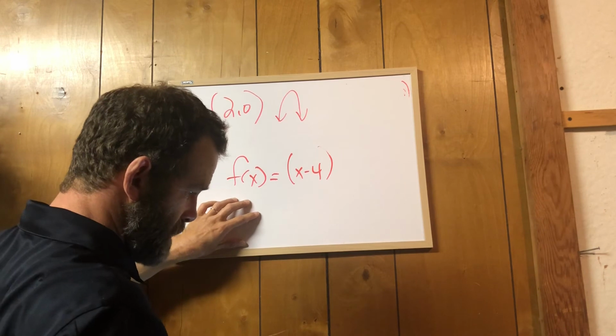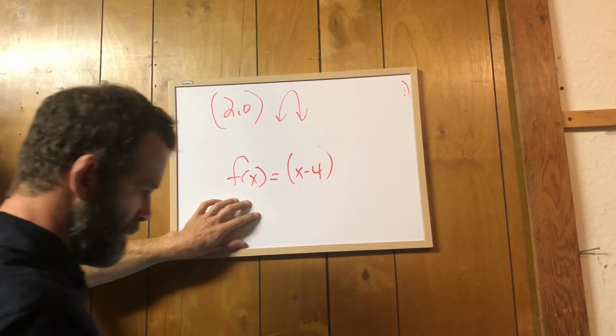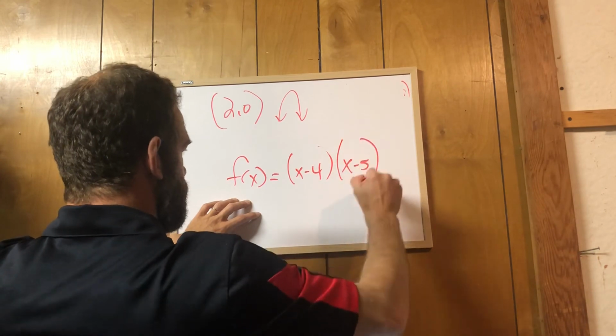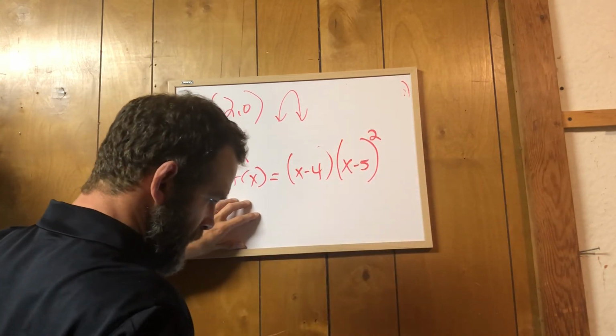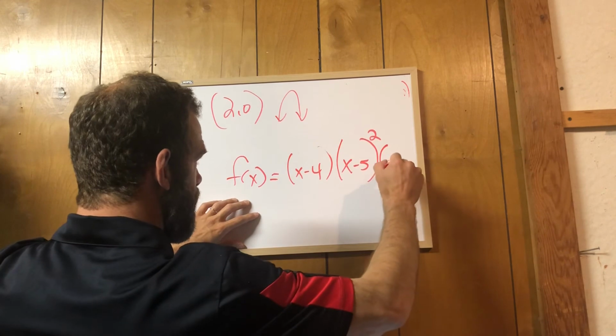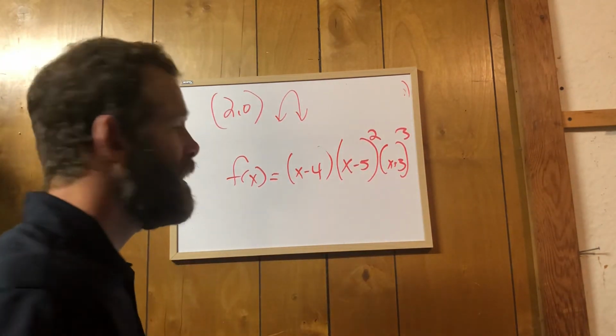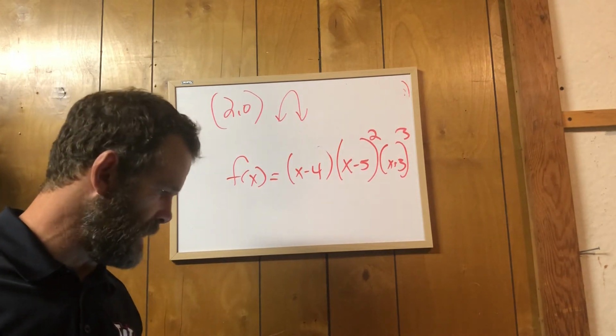But we'll continue, because it looks like C is going to be my only answer. A double root at 5, so x minus 5, double that piece. And a triple root at -3, x plus 3, triple that piece, which is going to be letter choice C. That easy. There's no work to show on that question.